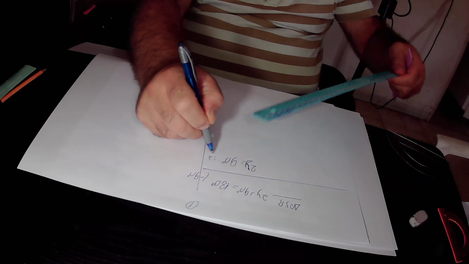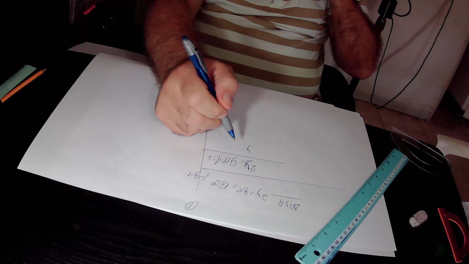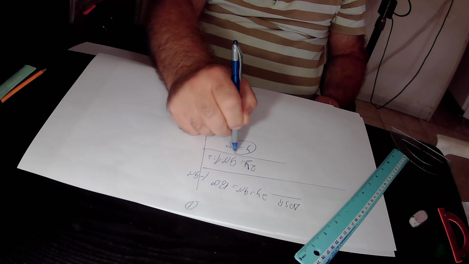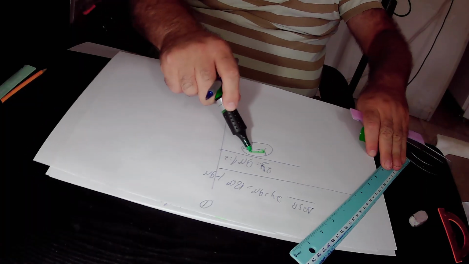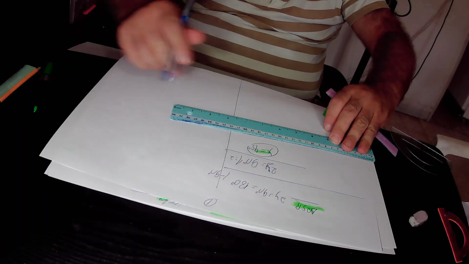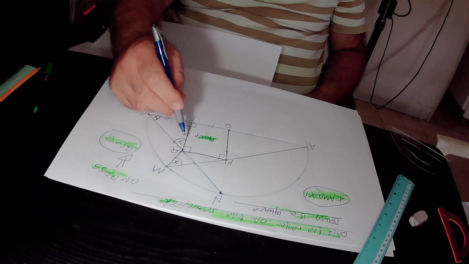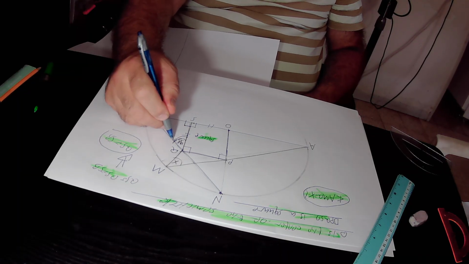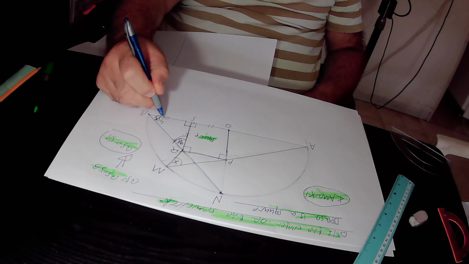Here we divide this equation by 2 and finally get that the missing angle y equals 90 degrees over 2, that is 45 degrees. So this angle y equals 45 degrees, and this is also angle y that equals 45 degrees.